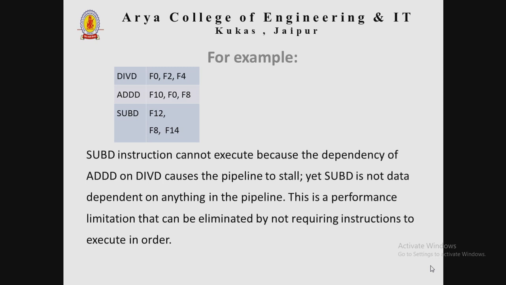Divide has F0, F2, F4, addition has F10, F0, F8, and subtraction has F12, F8, and F14. The add instruction cannot execute because of its dependency on divide, which causes the pipeline to stall, yet subtraction is not data dependent on anything in the pipeline.